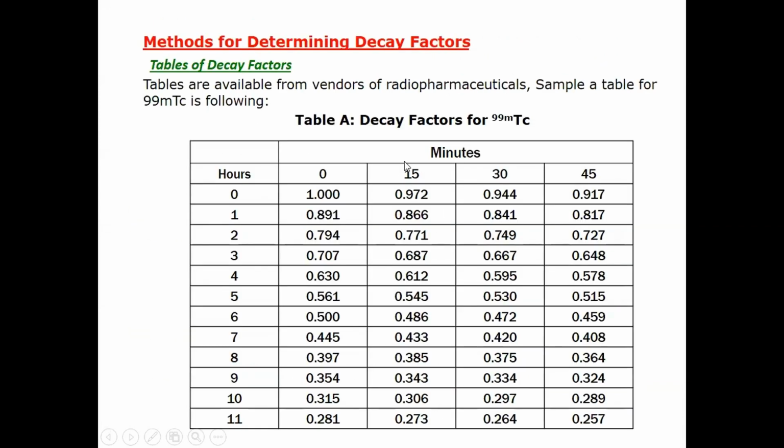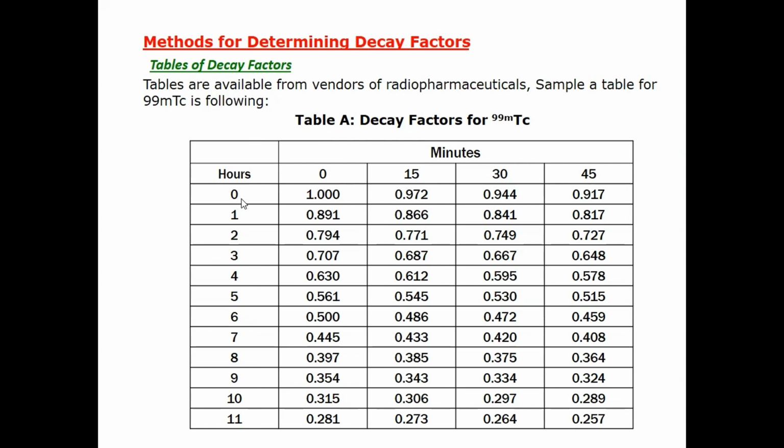People have tabulated the decay factors, and in several books the tabulated form is available. The decay factors depend upon the value of lambda or the half-life. So here we are tabulating the decay factors for technetium-99. You can see that it is a table in which the hours are written in this column, and on the row we find minutes.